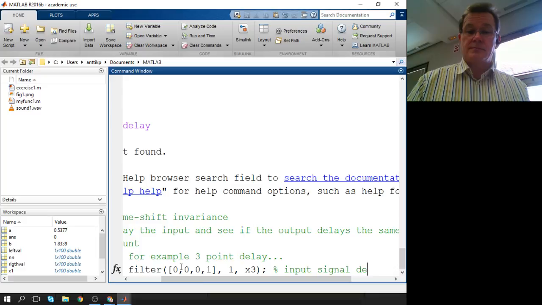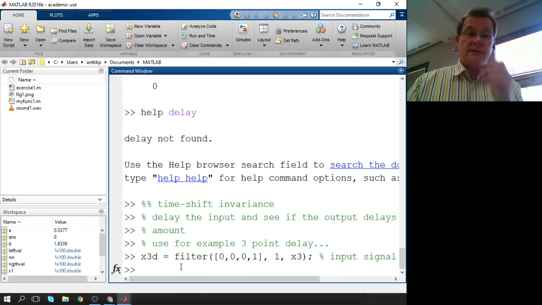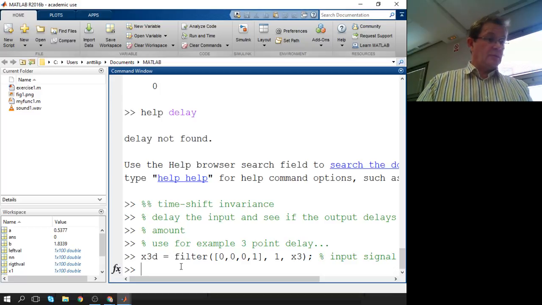And basically then we calculate the output. So Y3 for the delayed signal, okay.